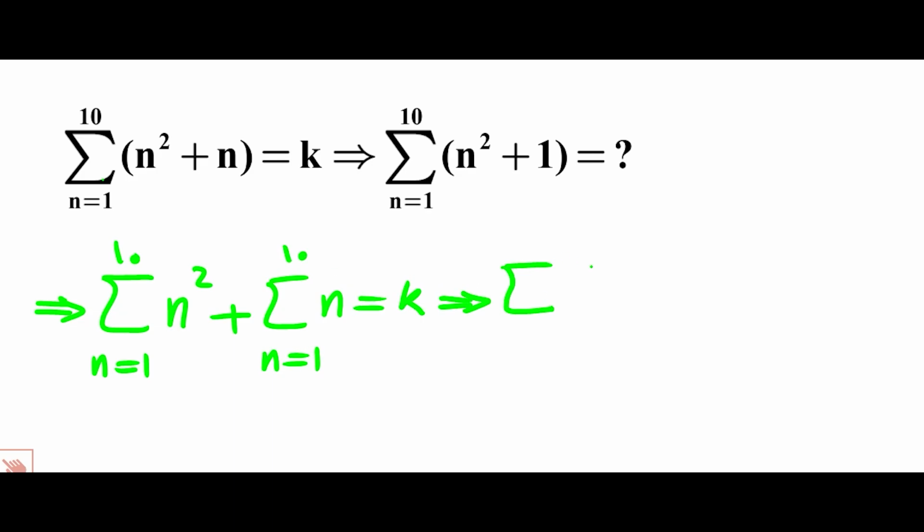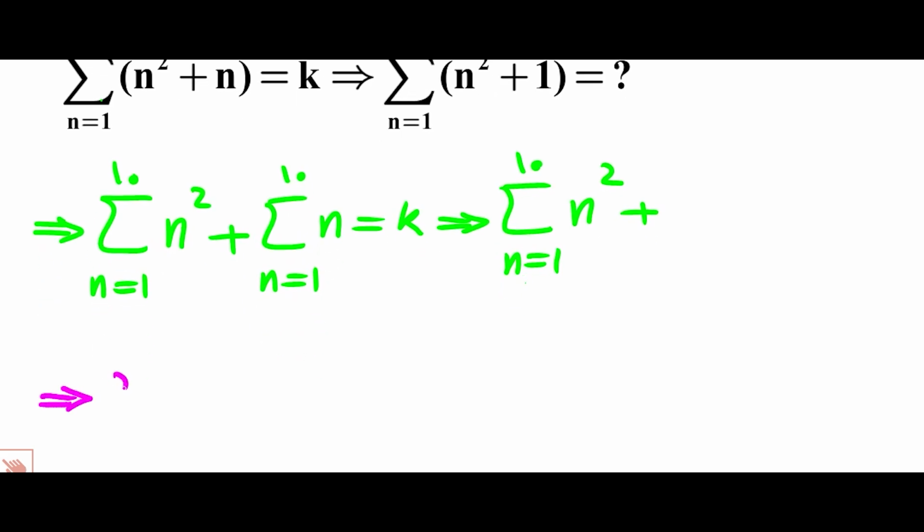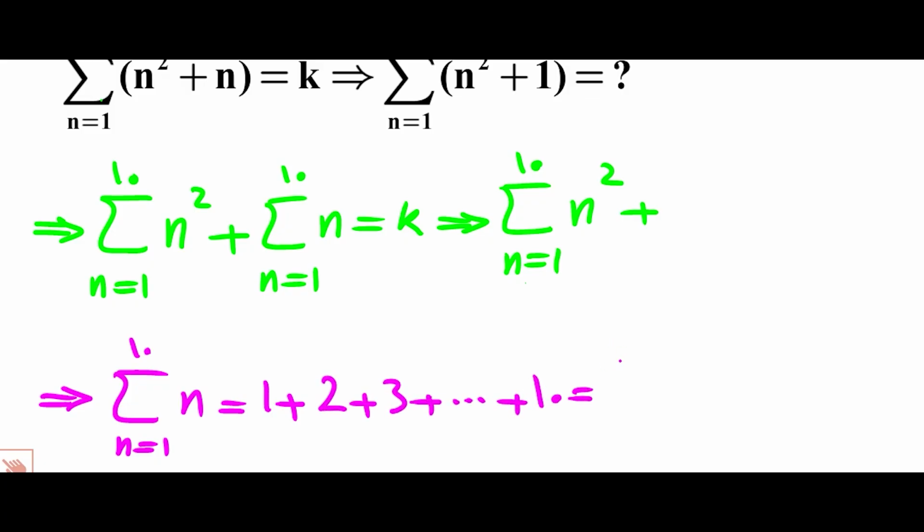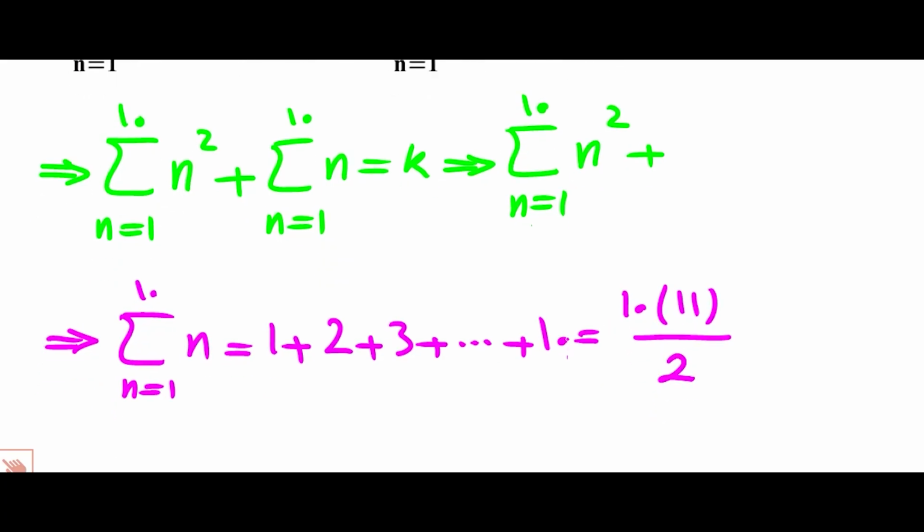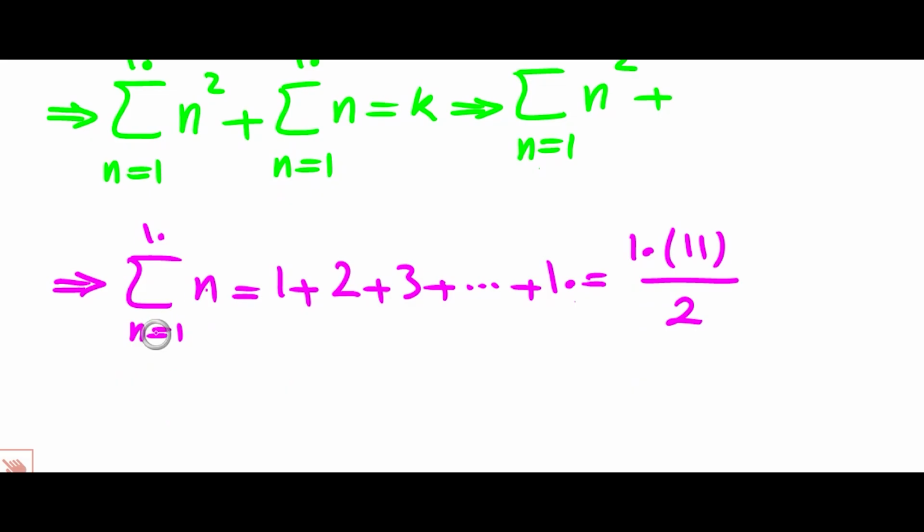The sum of n from n equals 1 to 10 equals 1 plus 2 plus 3 up to 10, which equals 10 times 11 over 2, because the sum of n from n equals 1 to k equals k times (k plus 1) over 2, right?